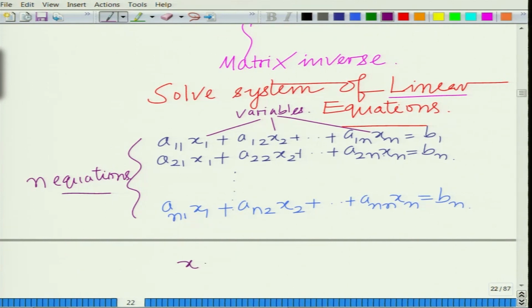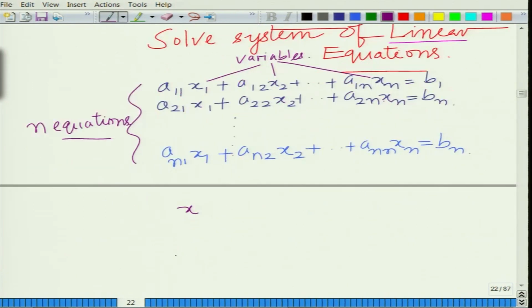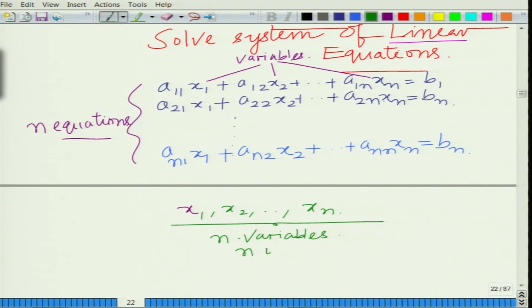So, you have x1 x2 xn, these are your n variables or n unknowns.